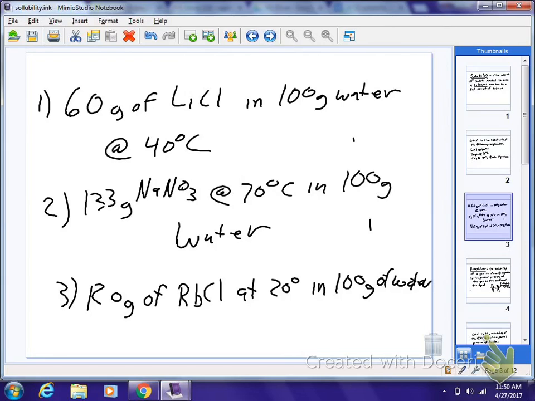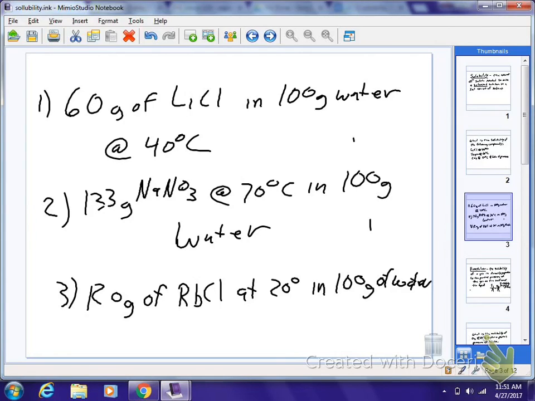And then, if it's below that solid line that you're looking at the solid that's dissolving, it's unsaturated. If the point that you find that intersects on the graph is above a line that's saturated level, then that's supersaturated.